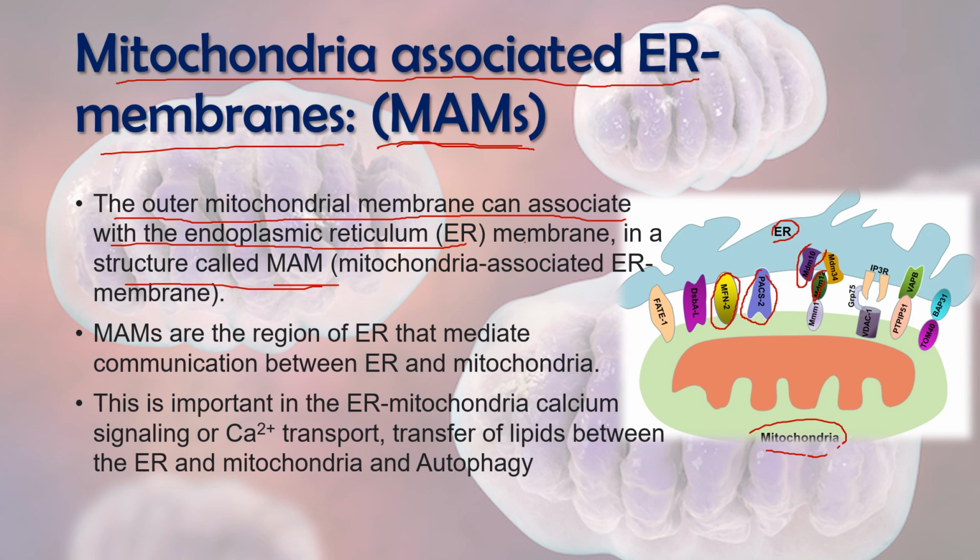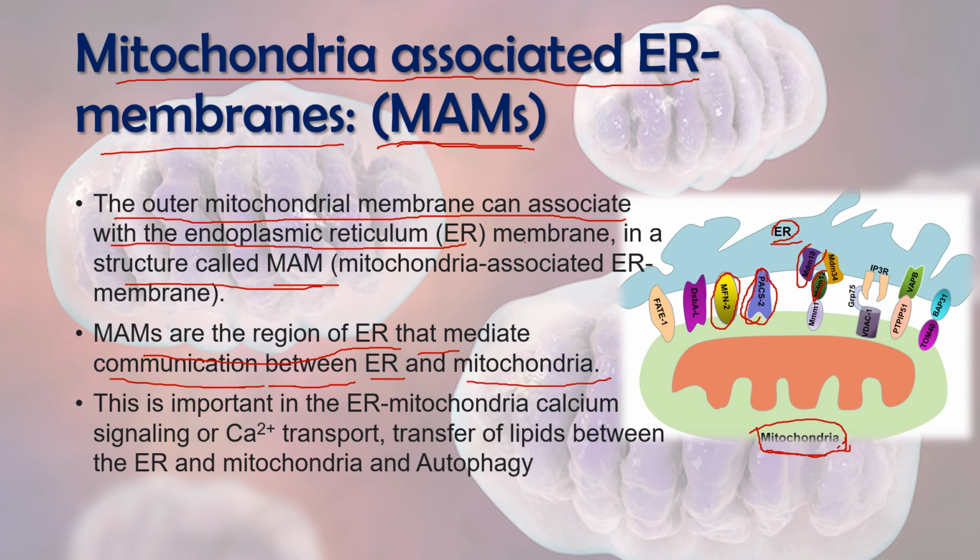There are lots of such structures inside the cell where the endoplasmic reticulum is associated with the outer membrane of a mitochondrion, connected together with many proteins. MAMs are the regions of the endoplasmic reticulum that mediate communication between the endoplasmic reticulum and mitochondria.